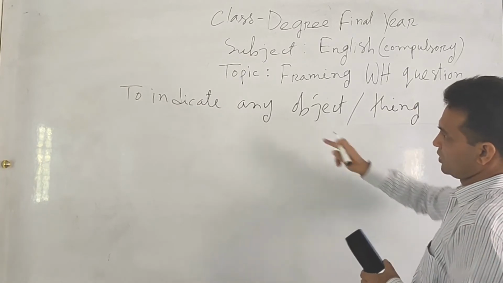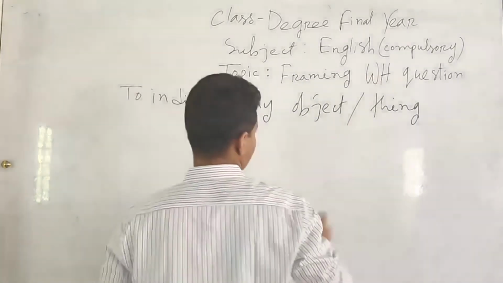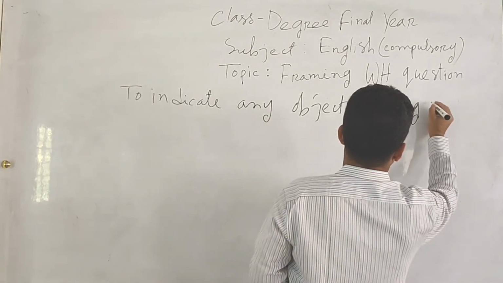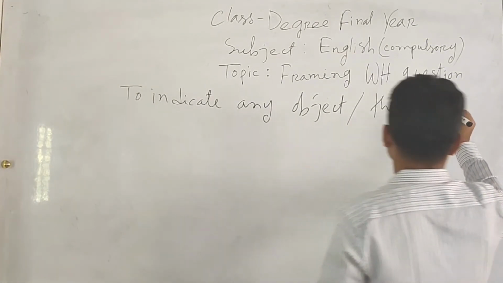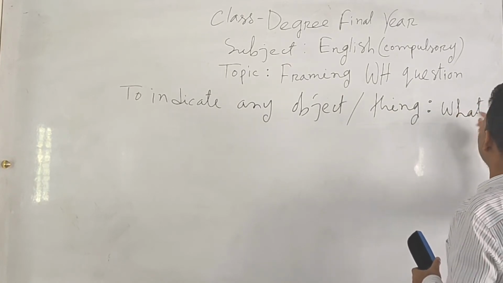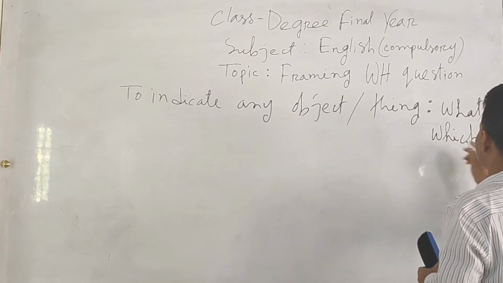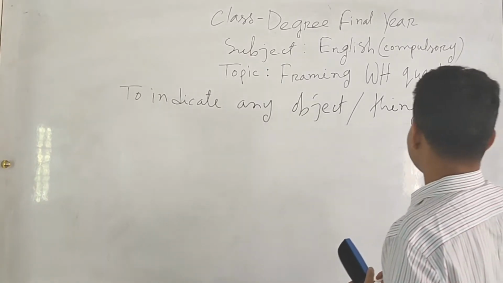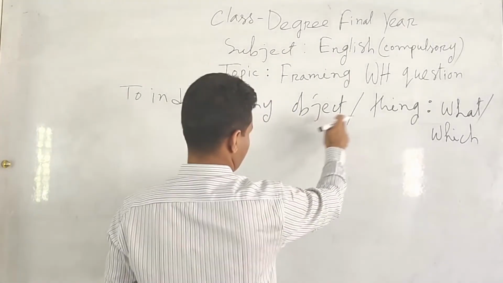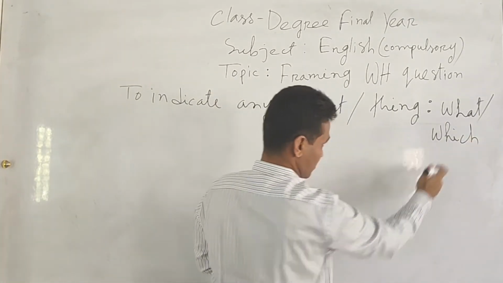To indicate any object or any inanimate thing, we use what or which. We always use what or which to indicate any object or any inanimate thing.